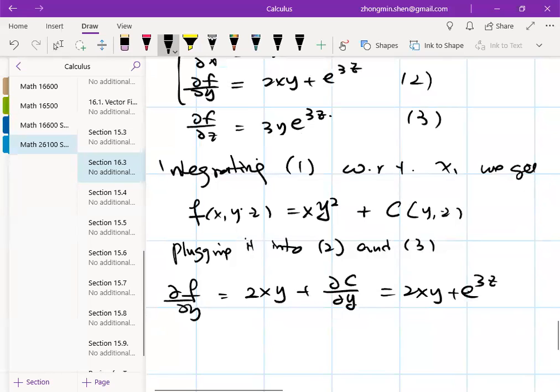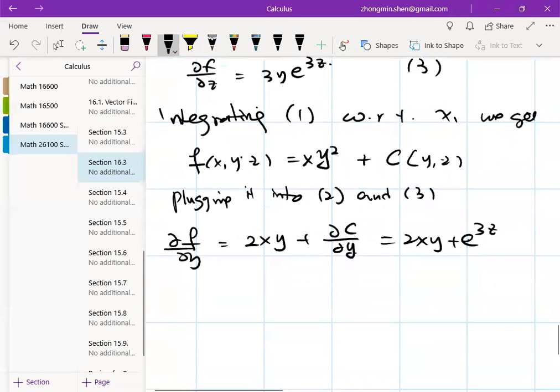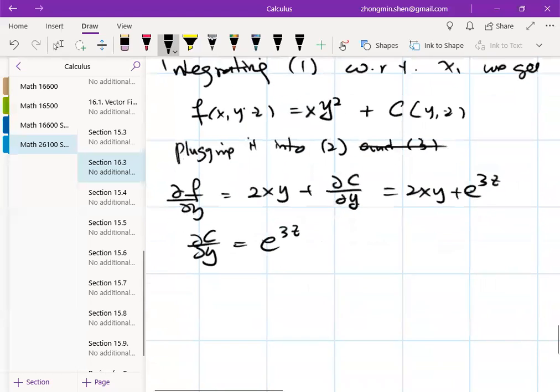So in other words, the partial derivative of c with respect to y is going to be e^(3z), right? I just needed the second equation first.